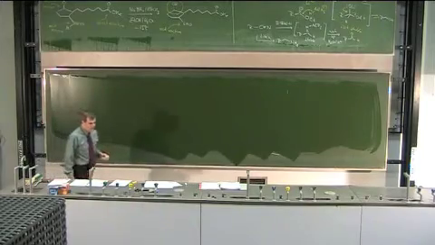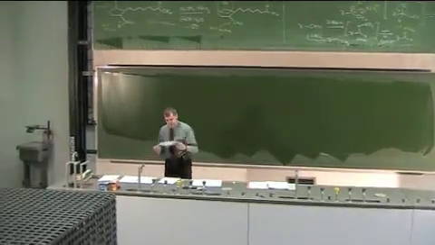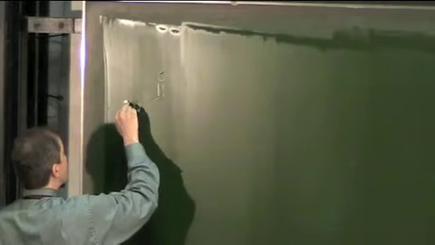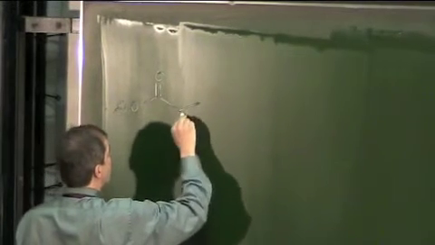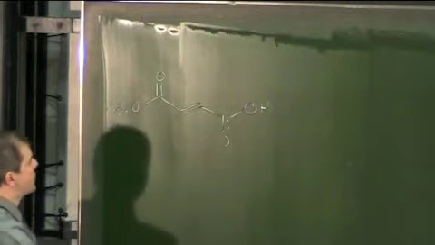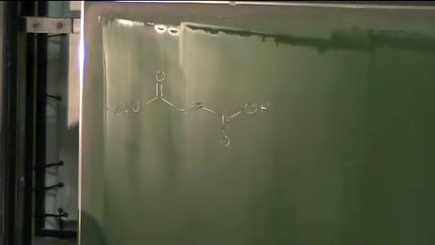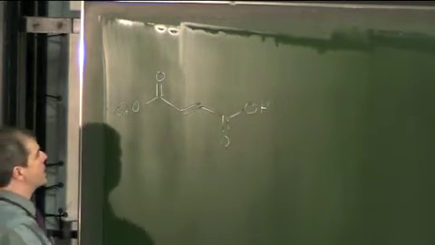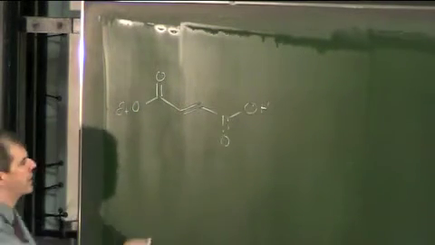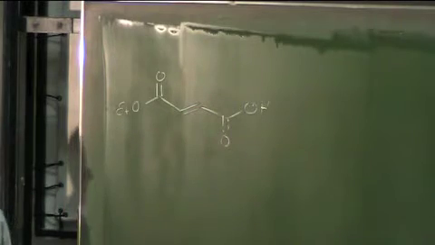So let's look at another interesting case. Let's look at a case like this. Again, in principle, three functionalities which we could consider for reduction. We have an ester group, we have a carboxylic acid group, and we have an alkene.